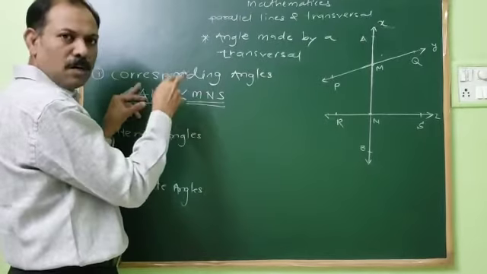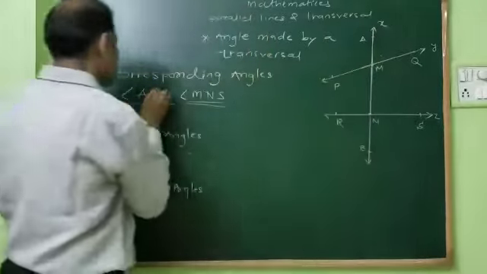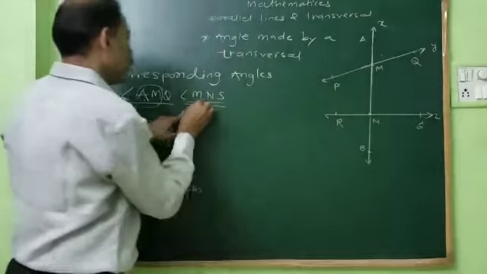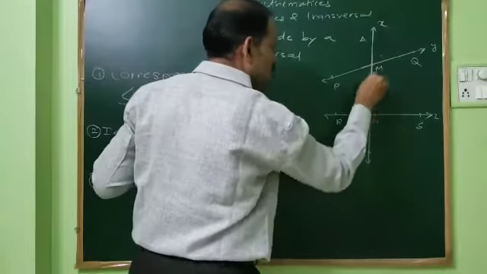In this pair, the first arm of each angle is in the same direction: the first arm is AM, and the first arm of the other angle is MN, in the same direction.